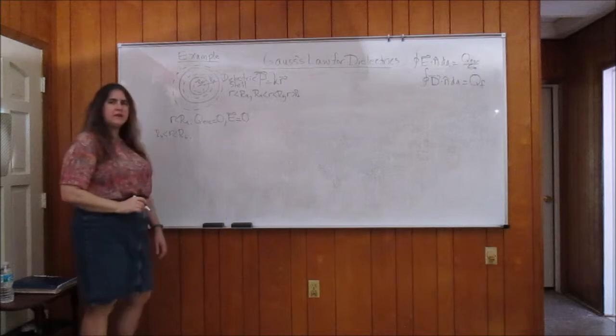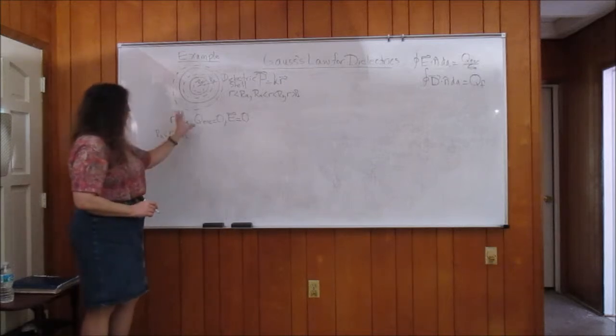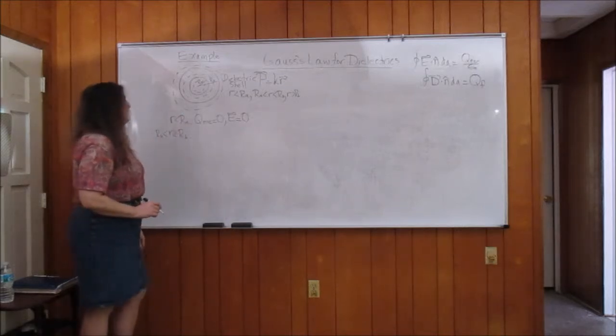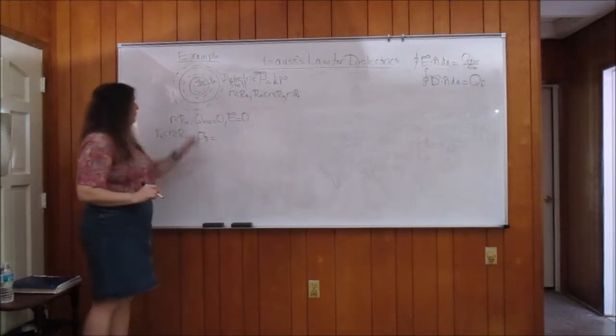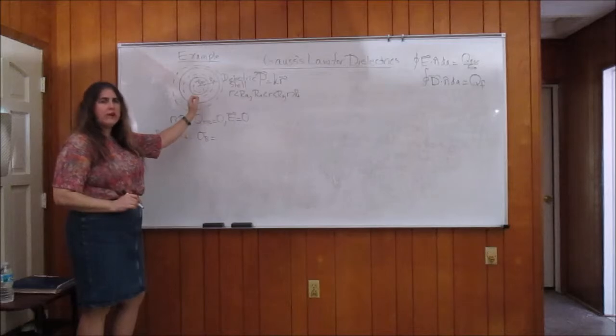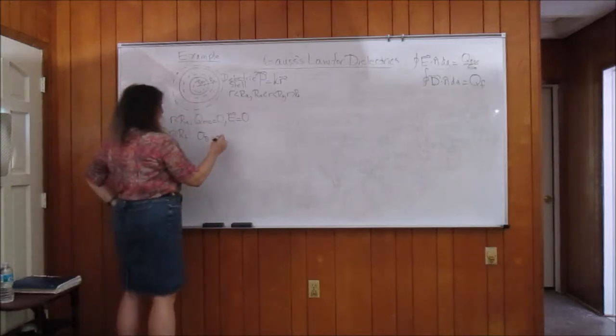Now what about inside the dielectric shell itself? Well, I do need to figure out what charge is contained. There are two surfaces. There's the inside surface at R_A, and then there's the outside surface at R_B.